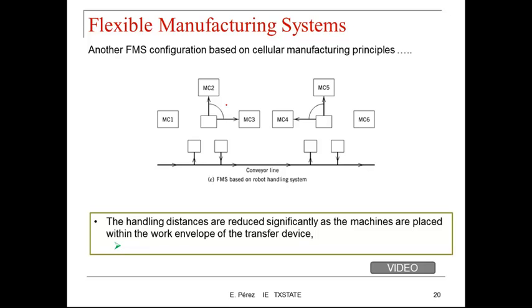Another flexible manufacturing configuration is based on cellular manufacturing principles, and we talked about this in class already. And basically, the handling distances are reduced significantly as the machines are placed within the work envelope of the transfer device. So most of the time, this is a robot.